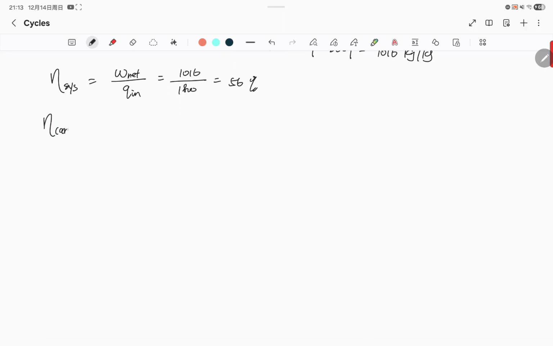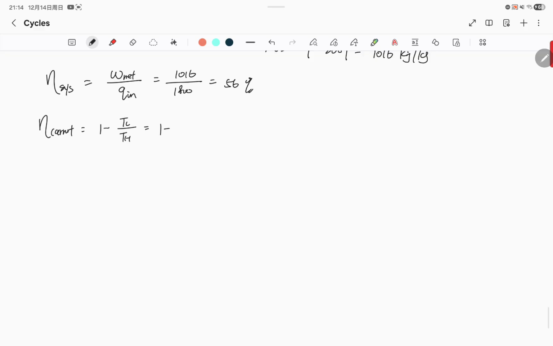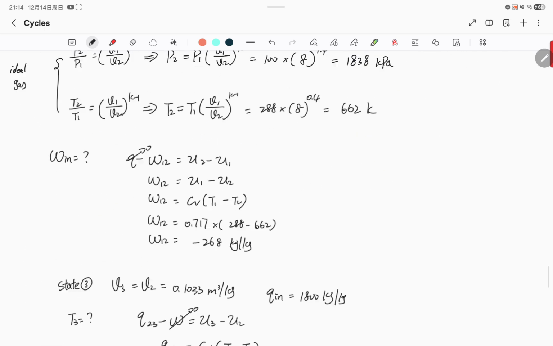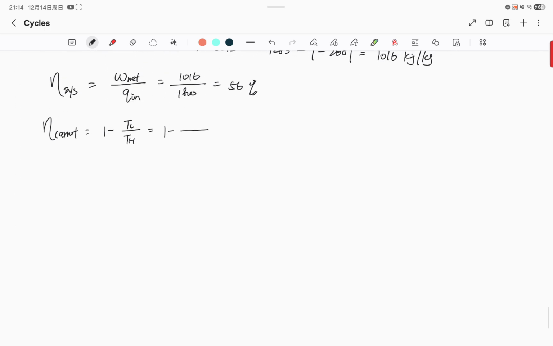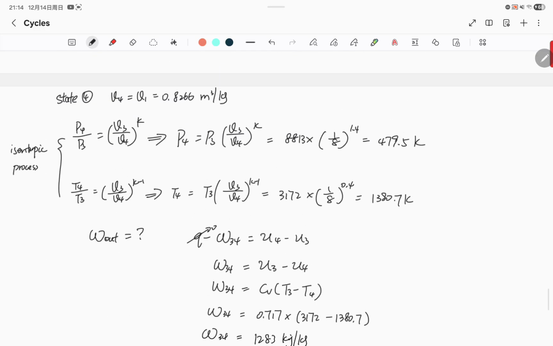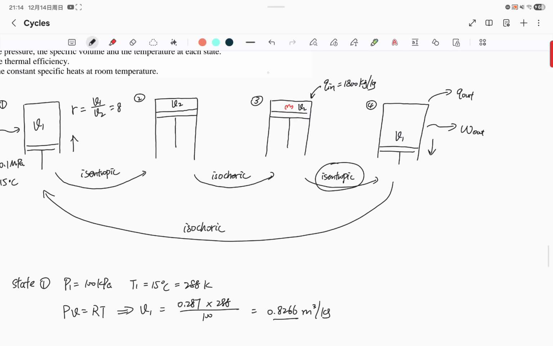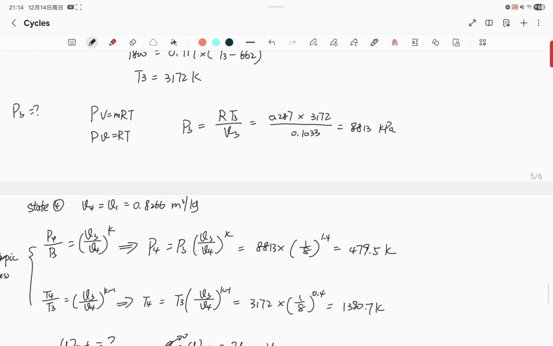Double check with Carnot. Low temperature divided by high temperature. Where's low temperature? Low temperature is state 1, 15 degrees Celsius. Convert that into Kelvin. And our high temperature is at T3. Pay attention, don't use heat, it's temperature.